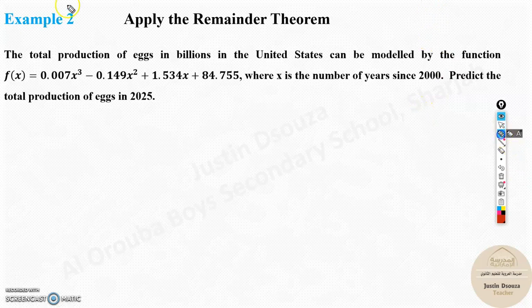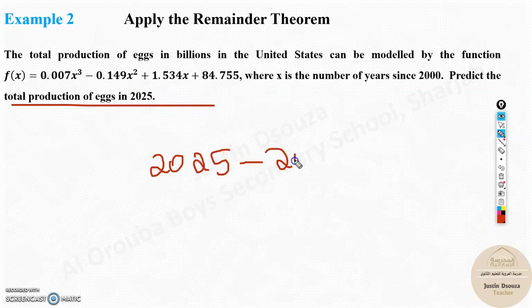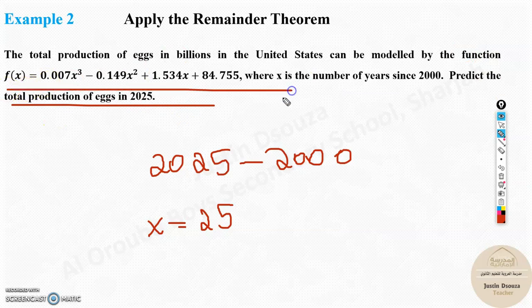So now if they ask you to predict the total production of eggs in 2025, this is very important. If they ask you 2025, you need to do 2025 minus 2000. Why? The x value will be 25 over here because only years after 2000 are considered for this equation.